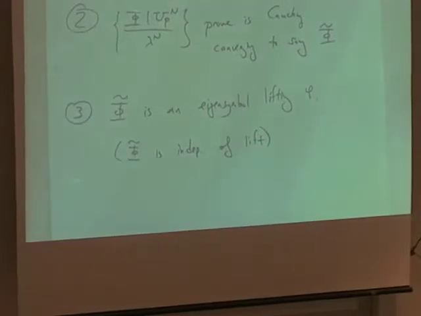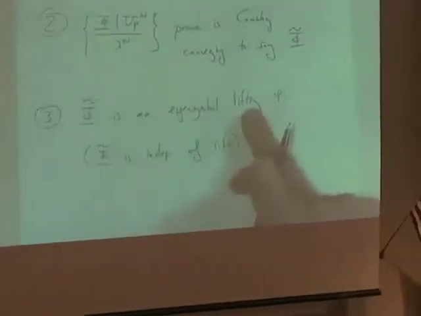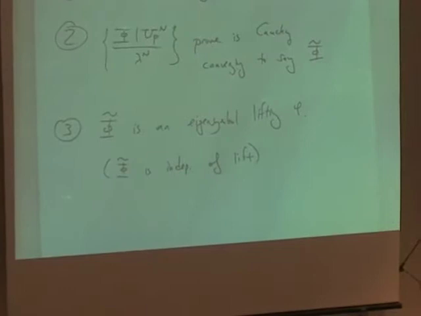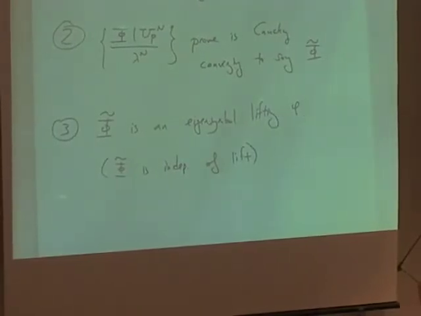Okay, let me address number 3. Why do you even expect this to work? I want to check for you that it lifts phi. So why is it true that phi tilde lifts little phi?